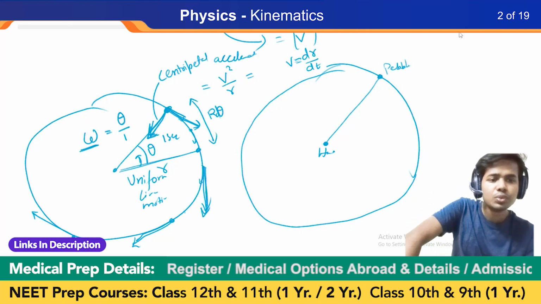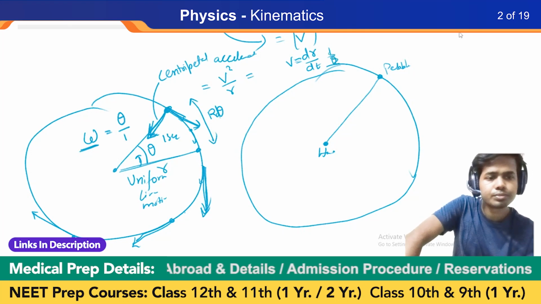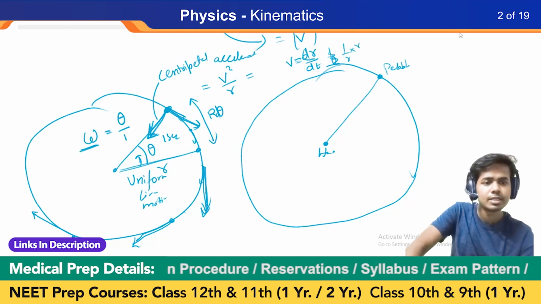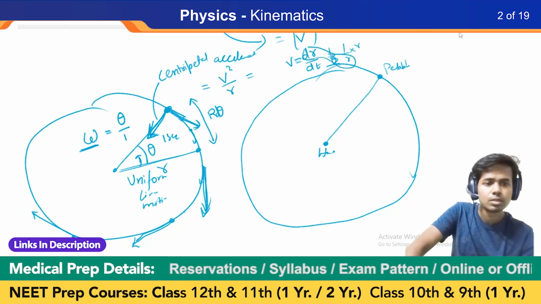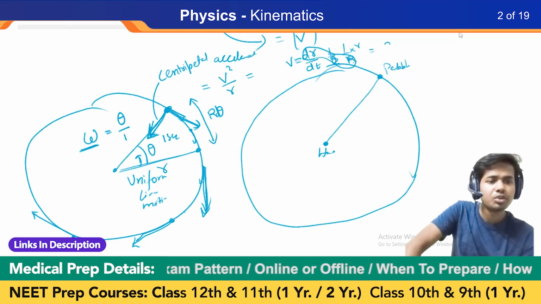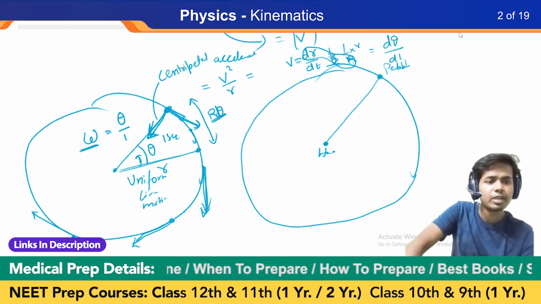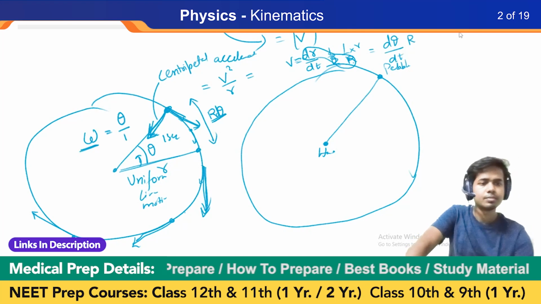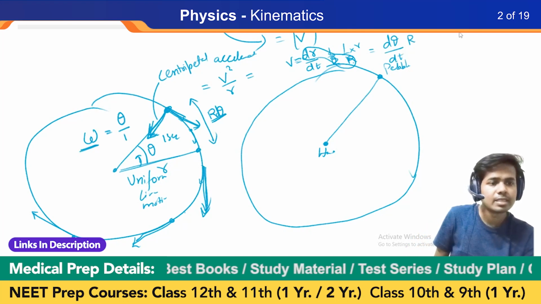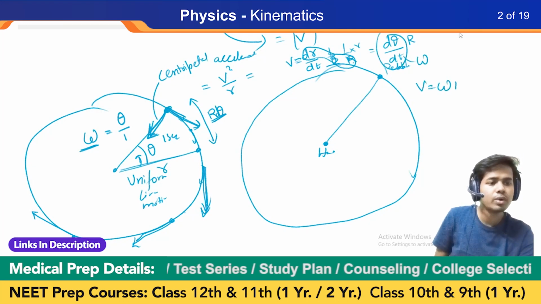And if you do 1 by r into r, what you have here is r d theta divided by dt, and this is r. So did you get it? Since d theta by dt is actually equal to omega, v is equal to omega r.